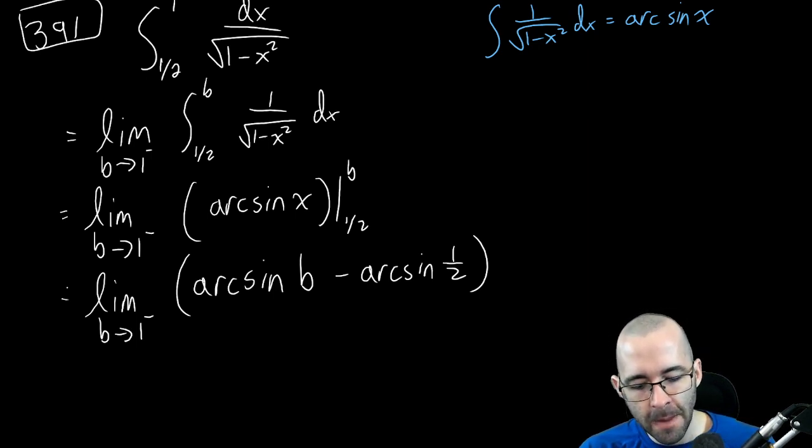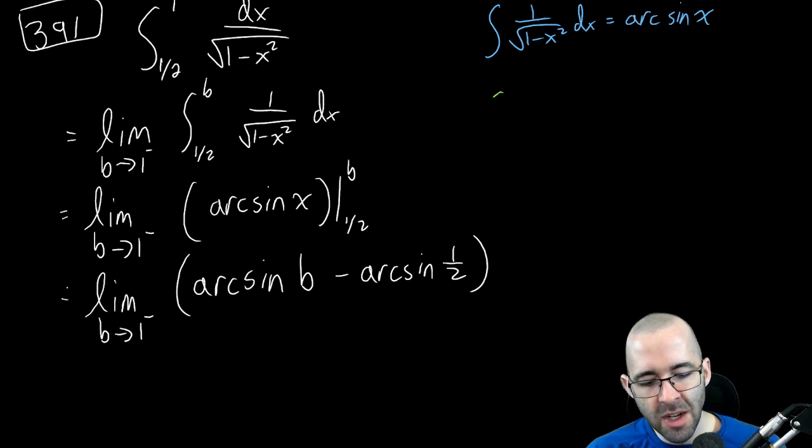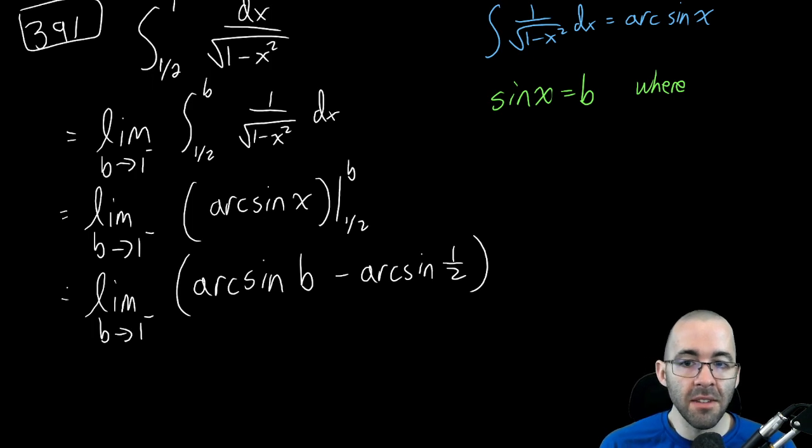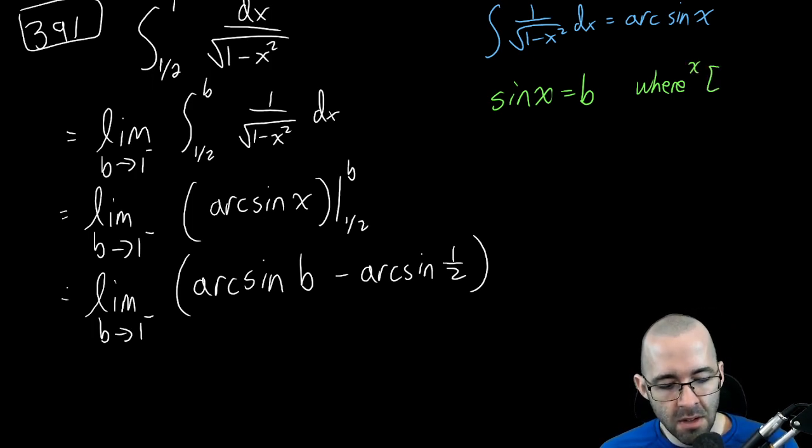So remember, these are the question: the sine of what angle is equal to b? And again, specifically, we know that the domain of arcsine is negative pi over 2 to pi over 2.